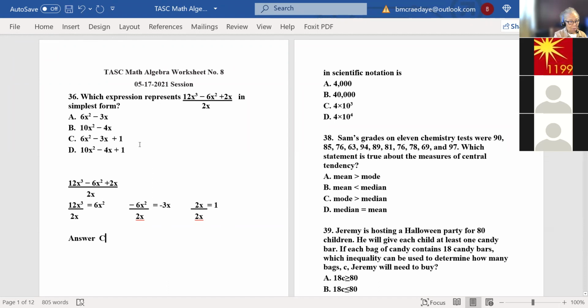So when you have a polynomial expression divided by another polynomial, and this one is really just a monomial, but they are really all polynomials, you divide the coefficients and subtract the exponents, because that's what you did. 2 into 12 is 6. 3 minus 1 is 2, because that x is to the 1.